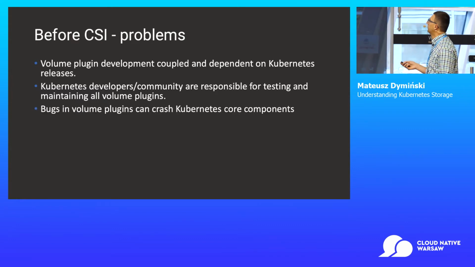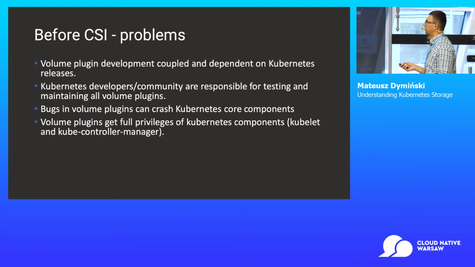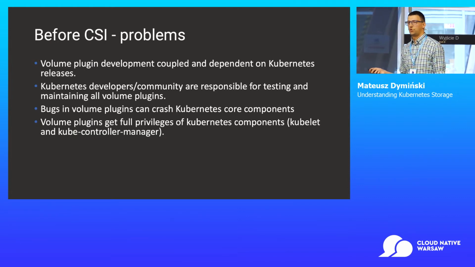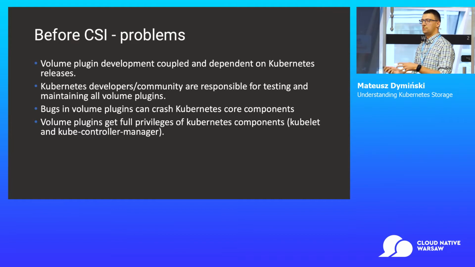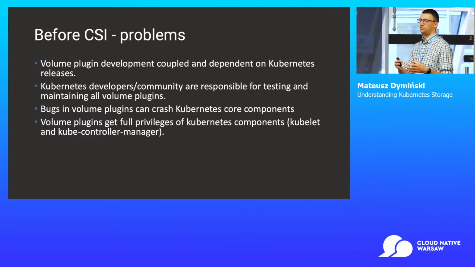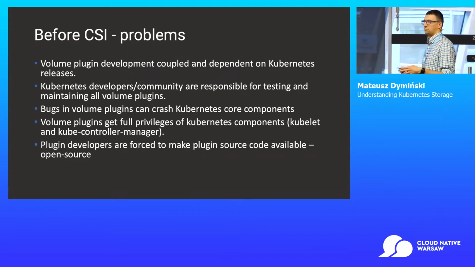Also, there were some third-party companies that didn't want to open source their piece of software which was ordering the volumes. So now they can install the plugin from outside of the open source world as an interface to Kubernetes, and use it as an external piece of software.